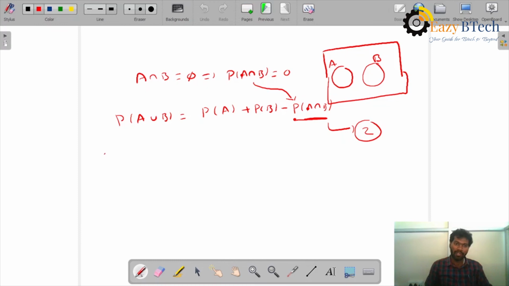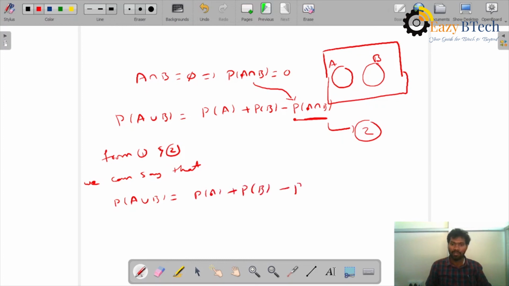So from 1 and 2, we can say that the joint probability P of A union B is equal to P of A plus P of B minus P of A intersection B. So hence the theorem is proved.